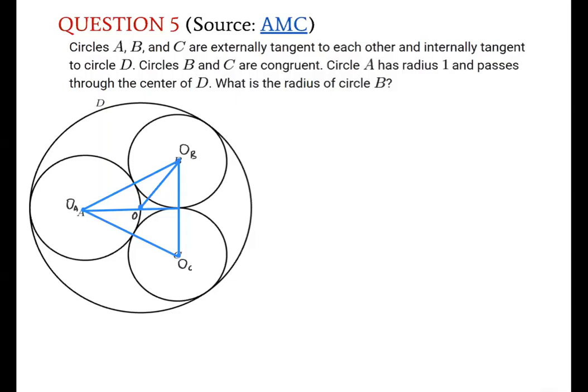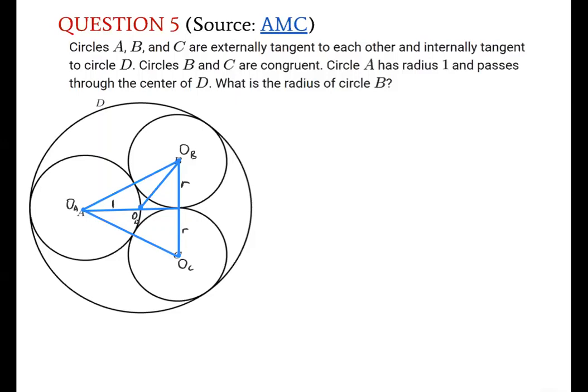This is OD. Now, we already know that the radius of circle A is 1. So that means that this length will be 1 from OA to OD. And we're going to call the radius of circle B and C R.